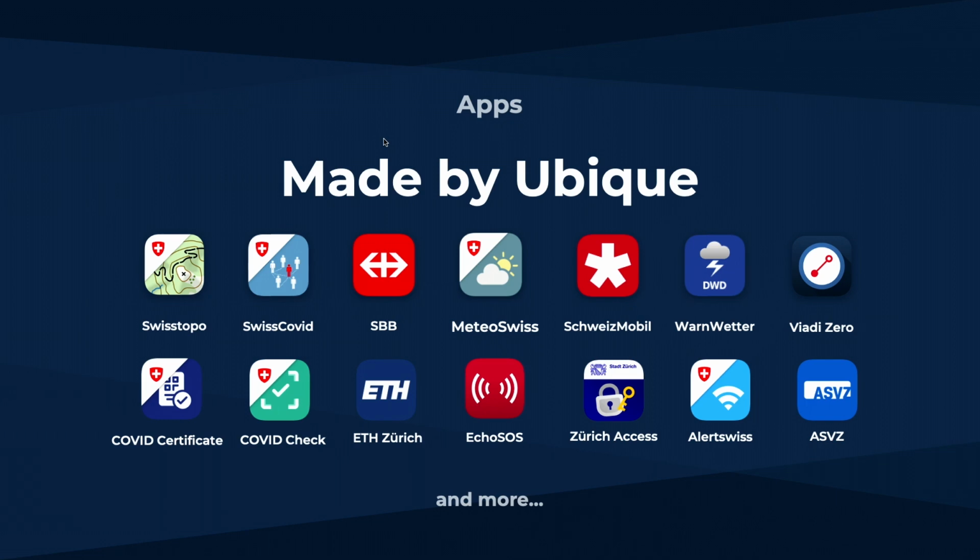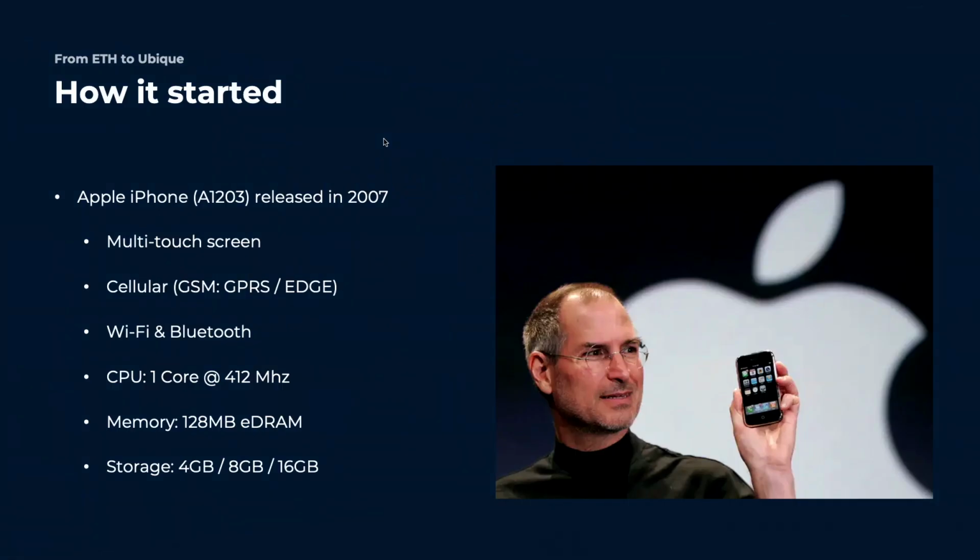But how did this actually start? For us, this started in 2007, and this was when Steve Jobs first presented, or then, well, actually I have to hold it like this, introduced the first generation iPhone, a smartphone with multi-touch screen and cellular and Wi-Fi and Bluetooth, a lot of things which were not known in phones before that.